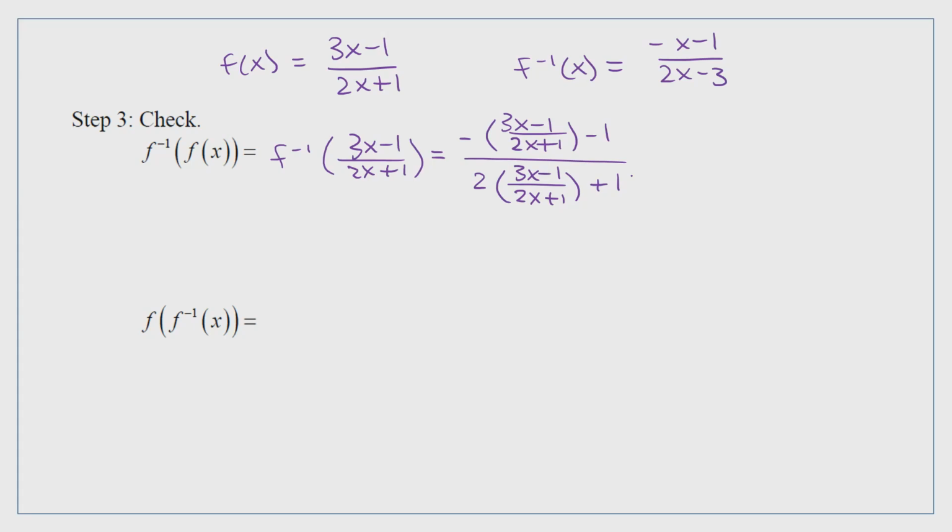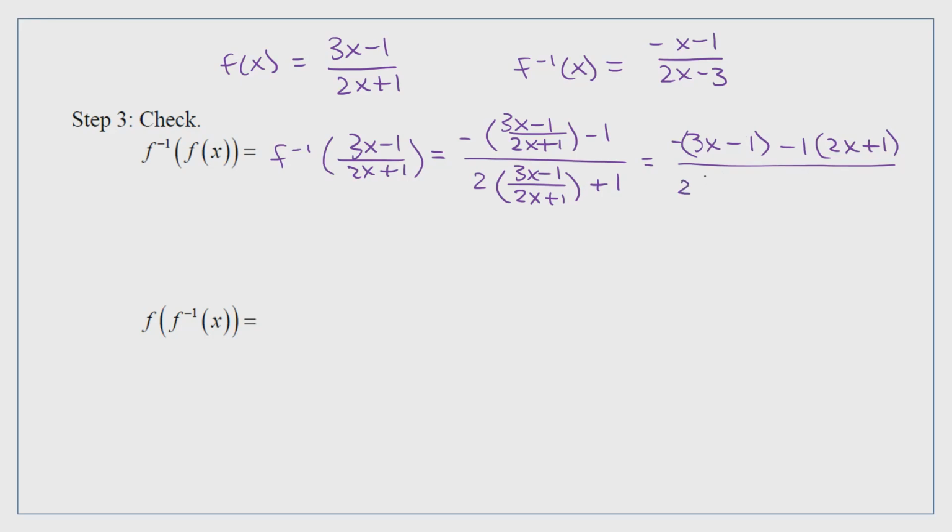Okay. Now I want to get common denominators in the numerator and denominator, so I'll be multiplying my constant terms, so that's negative 1 and plus 1, by 2x plus 1, so that I can eliminate the denominators. So this will get me negative 3x minus 1 times 2x plus 1.